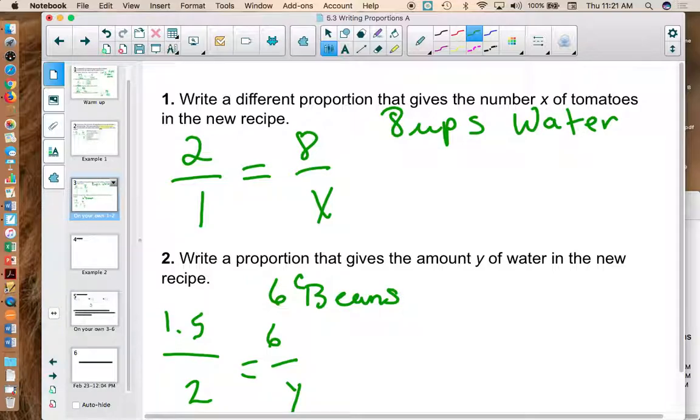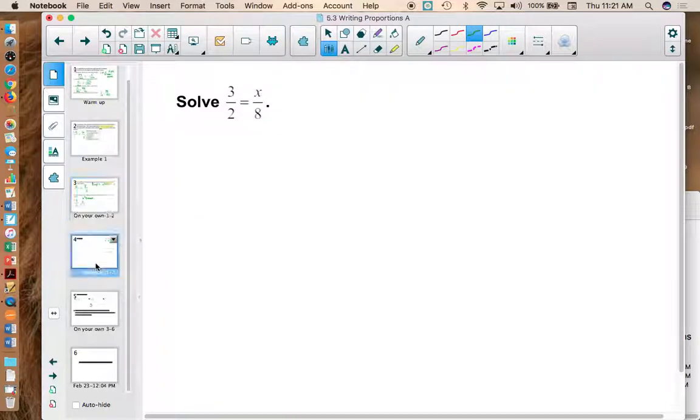Okay. How many of you think, hey, I can write proportions? And I think you can. The biggest thing to know is just make sure you're comparing the same stuff. All right. We've done all those. Now they give us the proportion and they want you to solve.